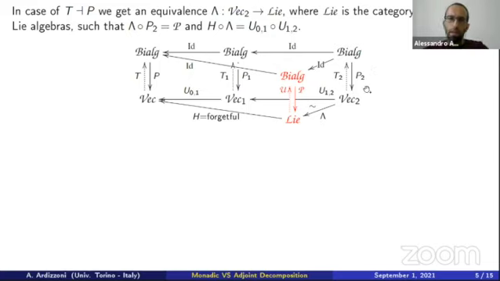we get. Indeed, we can construct explicitly an equivalence that we call here lambda from this Bialg_2 and this category Lie, which in characteristic 0 is just the category of Lie algebras, and in finite characteristic is the finite characteristic part of it, so it's the category of restricted Lie algebras.